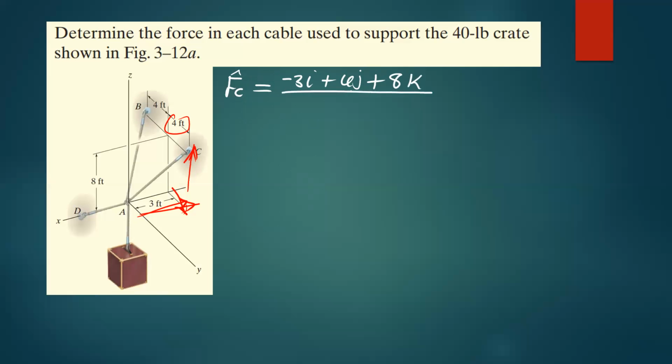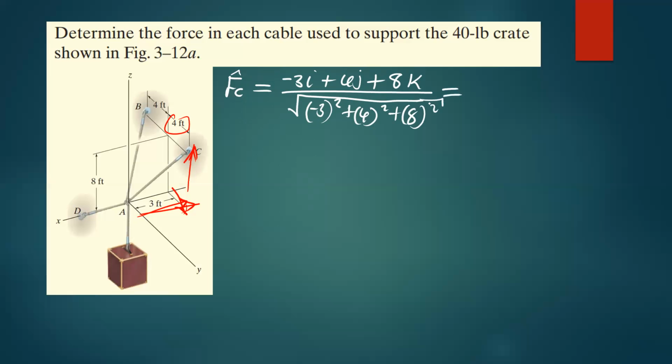And then we divide everything because it's a unit vector. We divide by the magnitude of this same vector, so the square root of negative 3 squared plus 4 squared plus 8 squared.